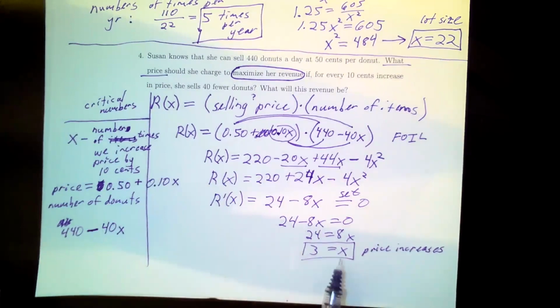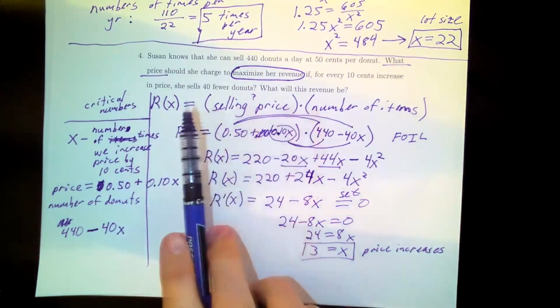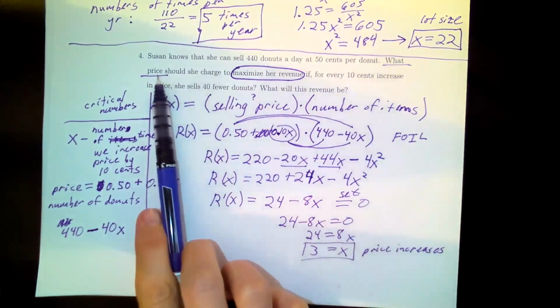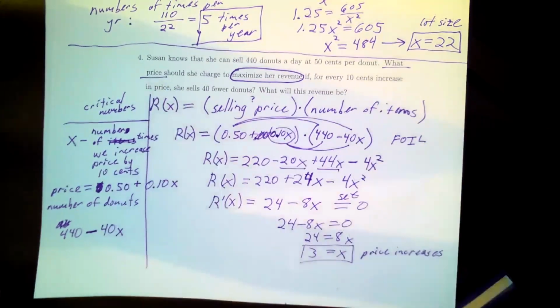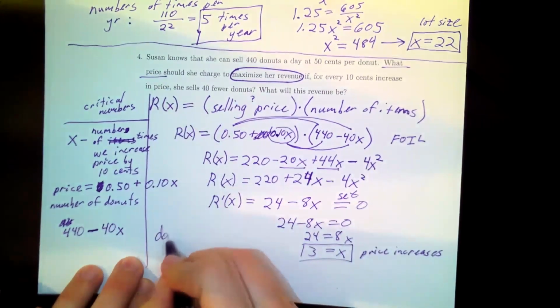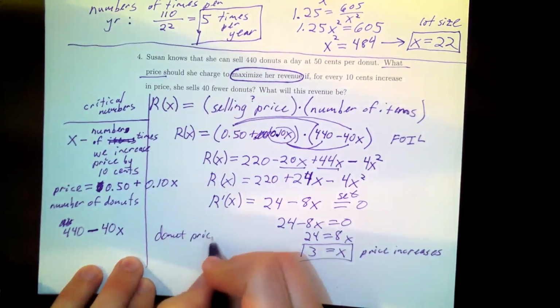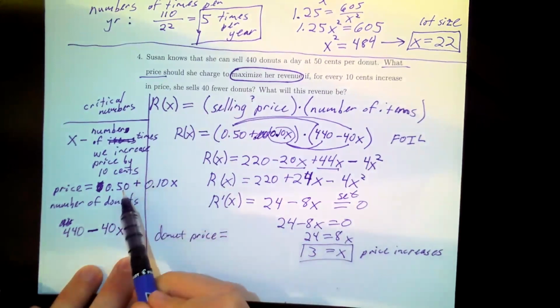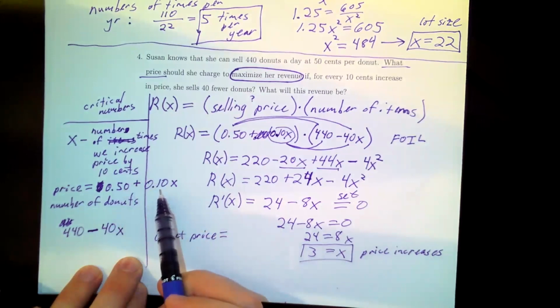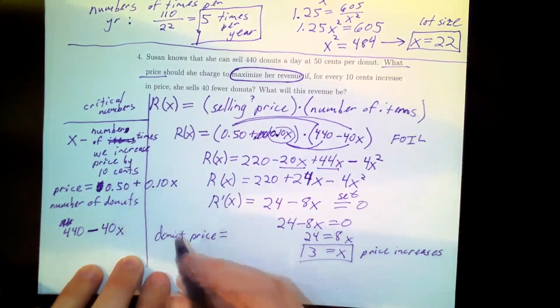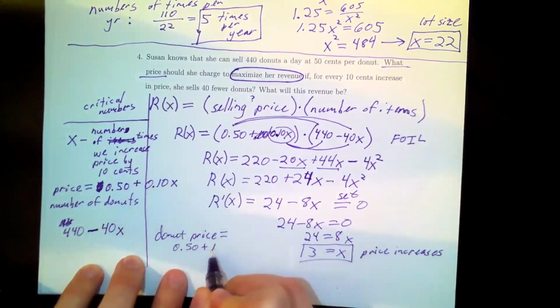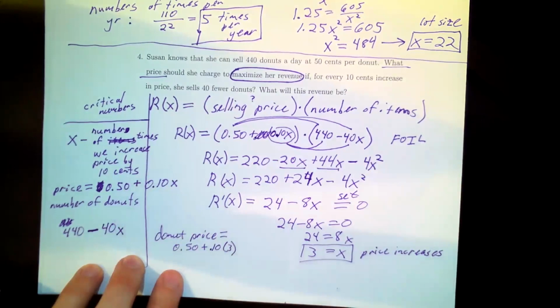So if 3 price increases corresponds to the maximum, then what is the price of the donut? The donut price starts out at 50 cents, and we just up the price by 10 cents 3 times. So the donut price should be the 50 cents plus the 10 cents added 3 times.